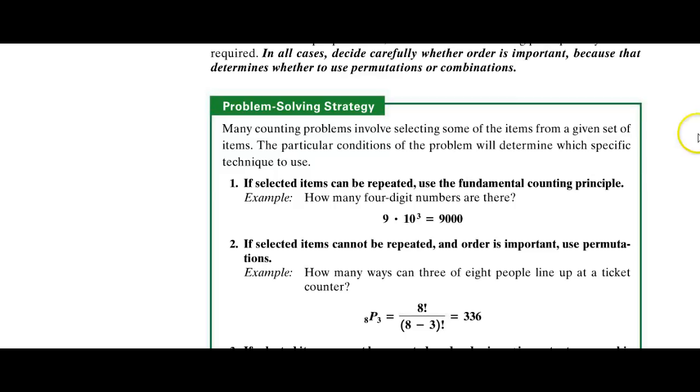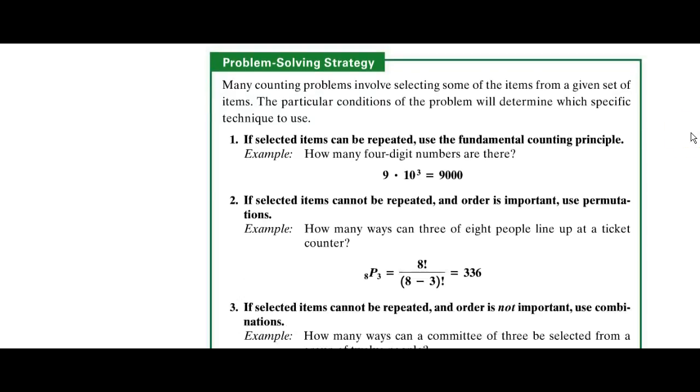So, let's go through some of the problem-solving strategy. Number 1, if selected items can be repeated, use the fundamental counting principle. For instance, how many 4-digit numbers are there?